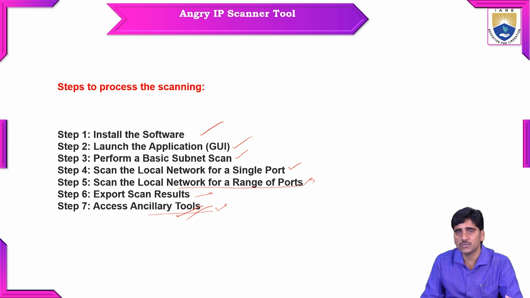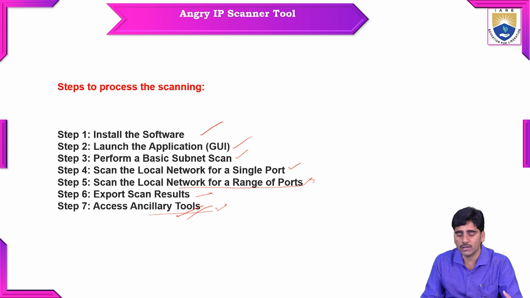These are all the steps to perform the scanning. After installing the software, launch the application and perform a basic subnet scan, whether a range scan, a simple scan, or a single IP scan.